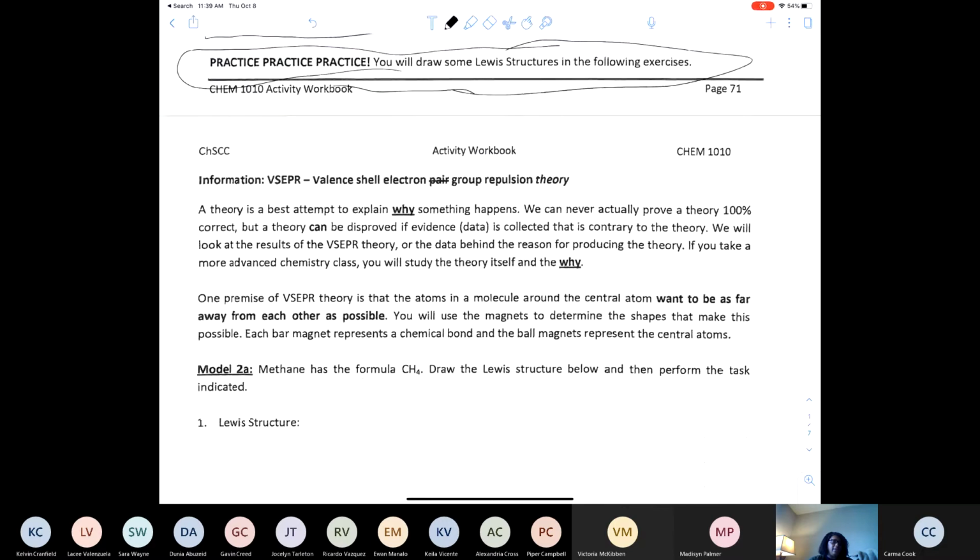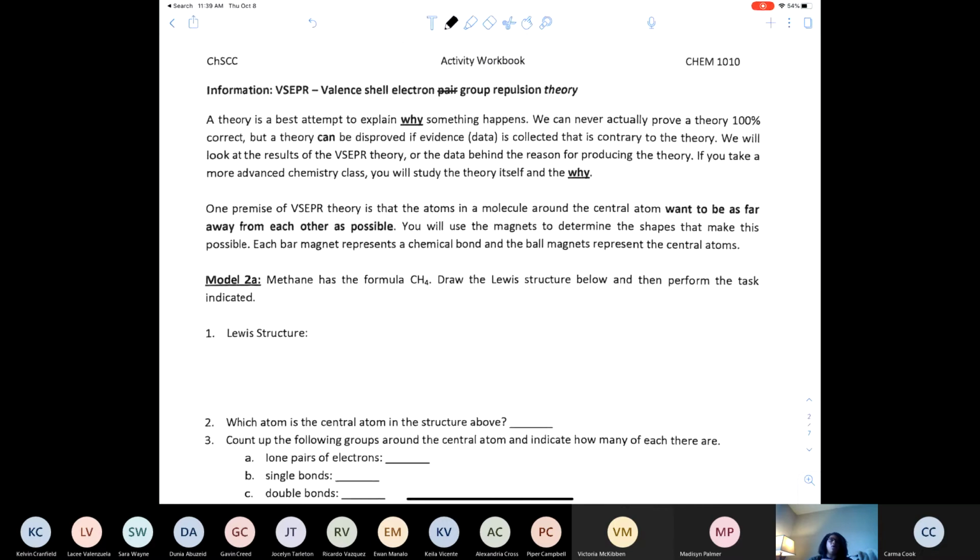When we get into week 9, we're going to take the Lewis structures that we're now comfortable drawing and focus on the central atom to learn how many bonding groups versus non-bonding groups there are. Then we'll use that information to determine the shape or geometry of the molecule, and also its polarity.